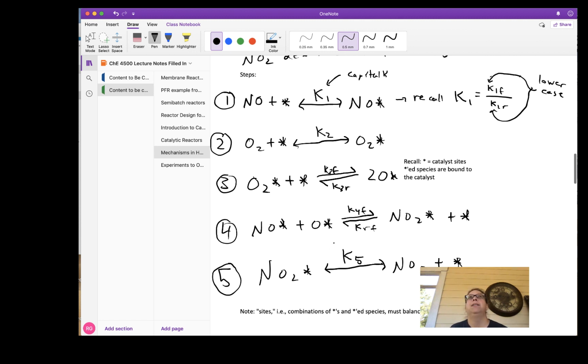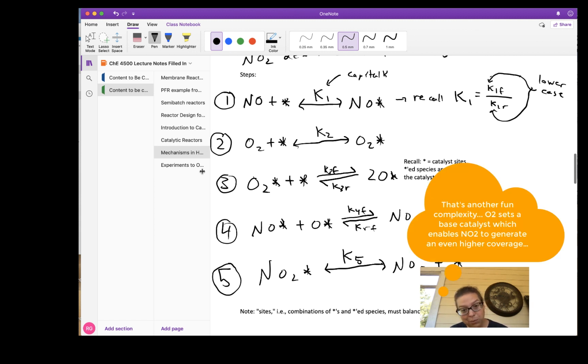What we ultimately found was that, as I alluded to before, sometimes this step is slow and sometimes this step is slow. That depends on the coverage of oxygen. At low coverages of oxygen, this step is rate determining, whereas at high coverages of oxygen, this step is rate determining.